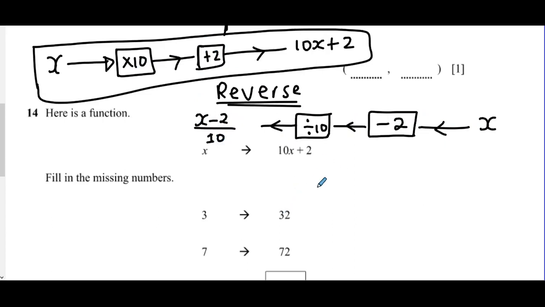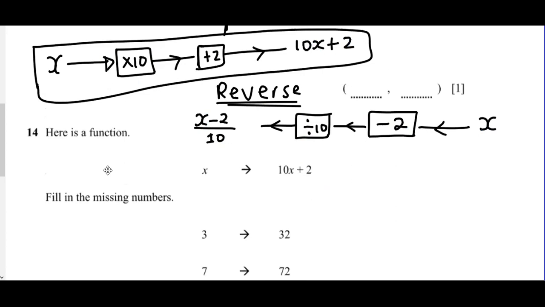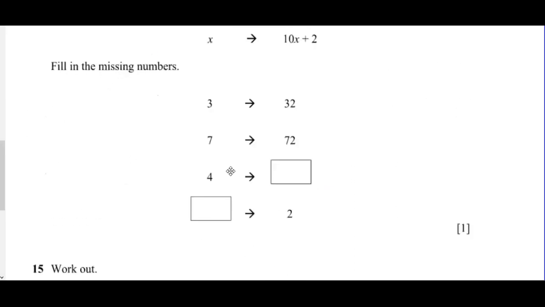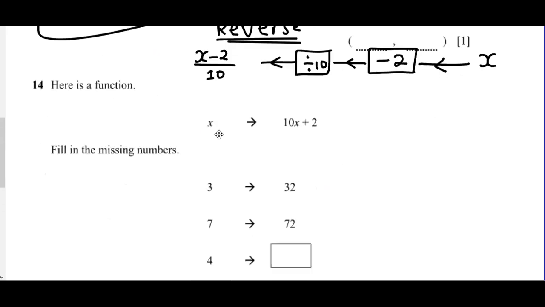I hope that is clear now. So we have the forward movement and the backward, or reversed, movement. Once we know the reverse process and the forward movement, then we can answer this question. So here is a function. X is mapped onto 10x plus 2. Now fill in the missing numbers.